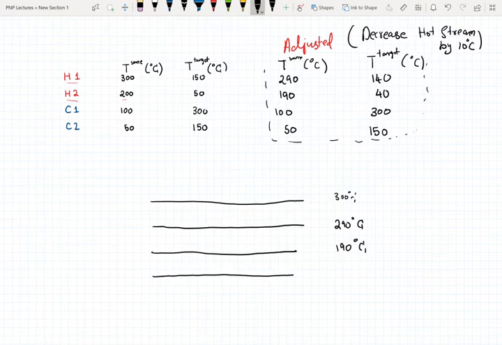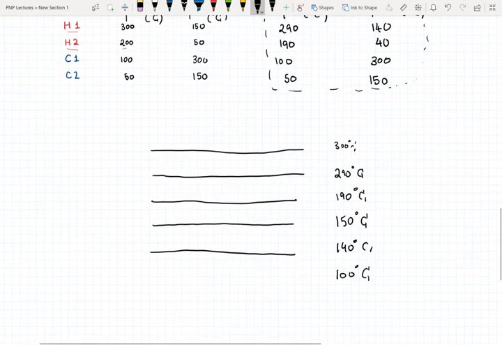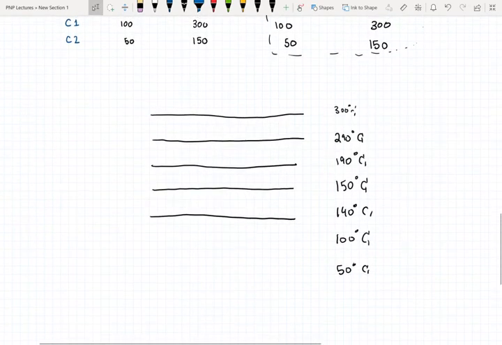And then we have 150, 140, 100 degrees Celsius, 50, and 40.